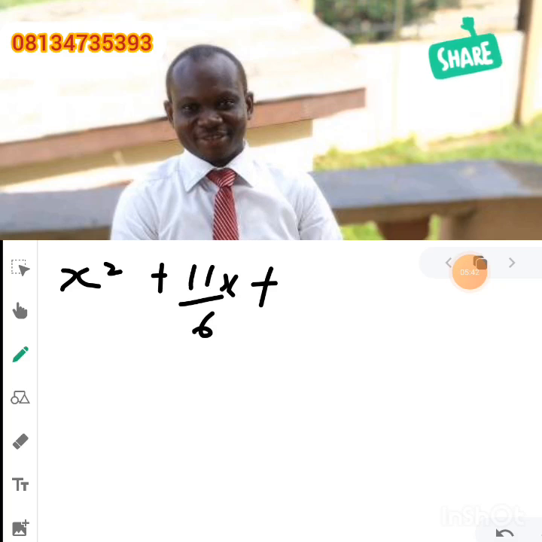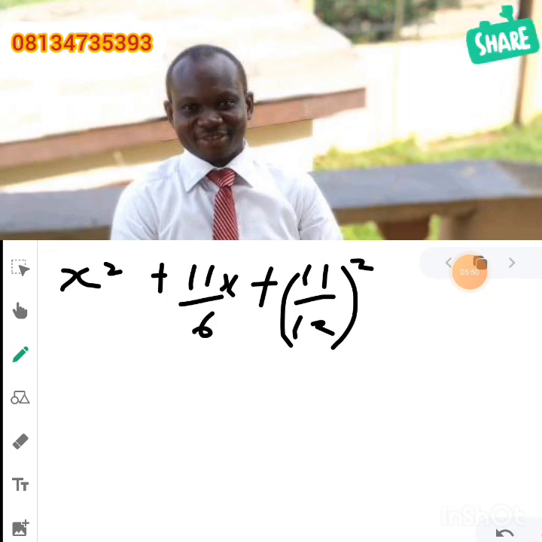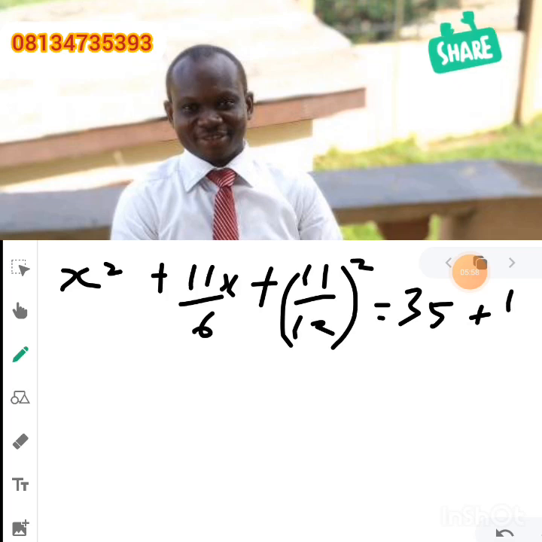Yes, we are adding our 11 over 12 to both sides, and we have to square it as well, which is equal to 35 over 6 also plus 11 over 12 all squared. So that is what the step tells us to do, and we have done that.